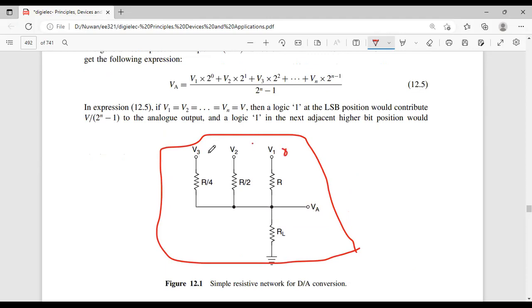Let's say if you are given 1, 0, 1, that means 5 volt, 0 volt, 5 volt. Then you can find the output voltage value based on these 3 voltages, so you will get one voltage value. If the input is 1, 1, 1, that means 5, 5, 5.